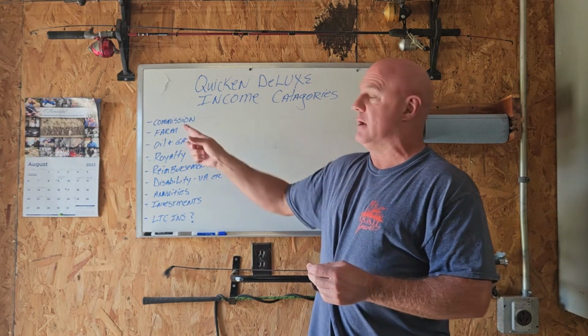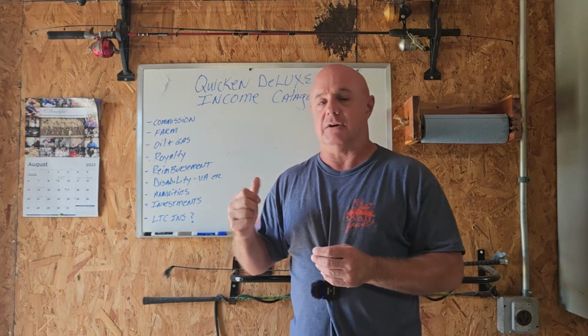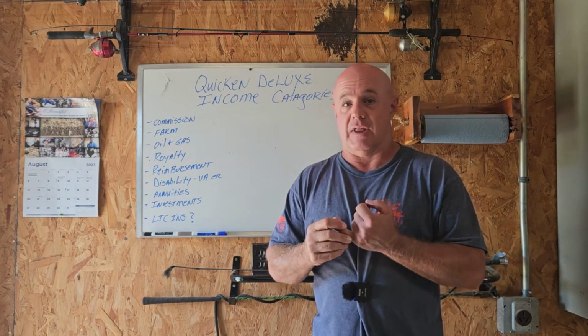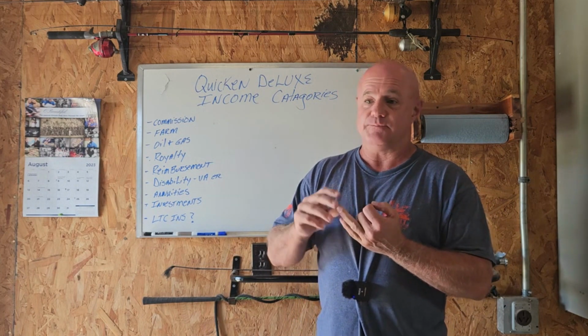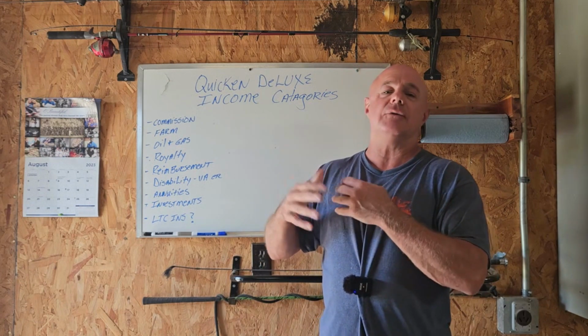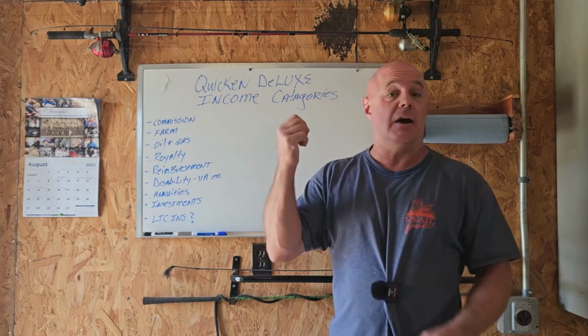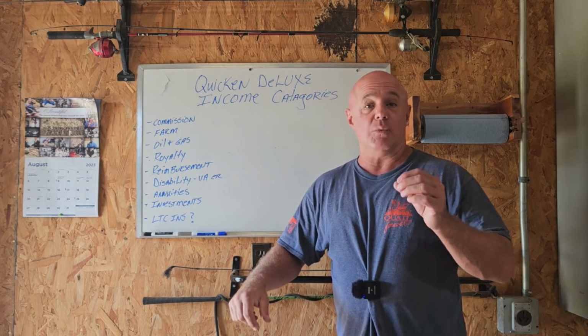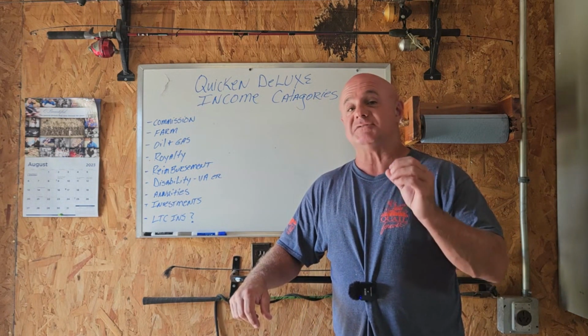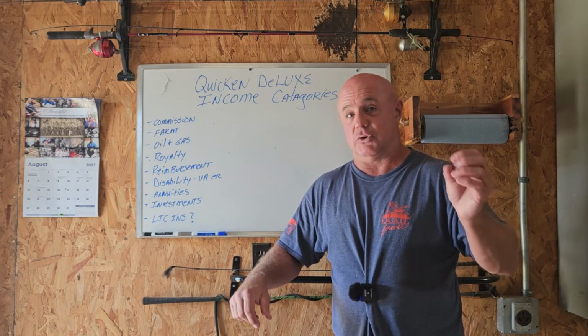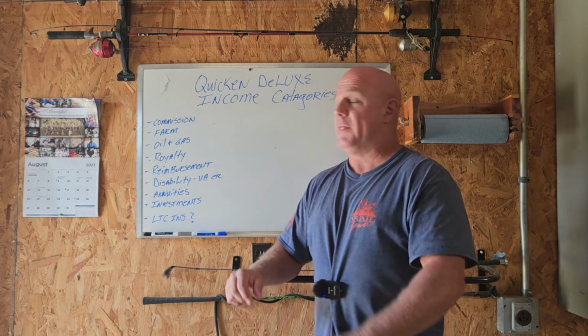So any income from the farm goes in here. That would be the selling of your livestock, the selling of your grain. Any of your sales from your farm will go in here. And that also falls into it if you have a website and you're selling stuff on a website that's linked to your farm, that would go there.